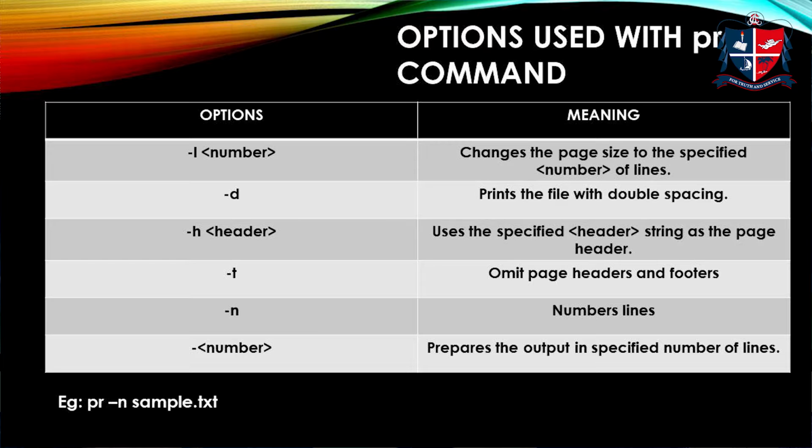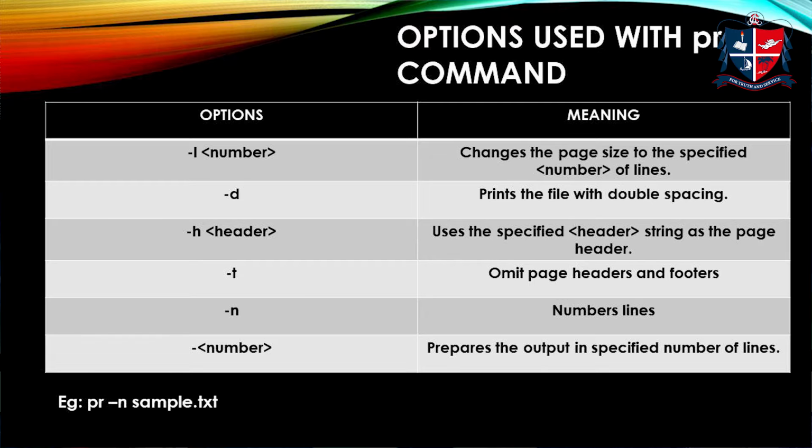Then the next one is -d. The -d option is used for doubling the spacing. A normal file has normal spacing, but when the -d option is used with the pr command, it will double the line spacing. The next option is -h.